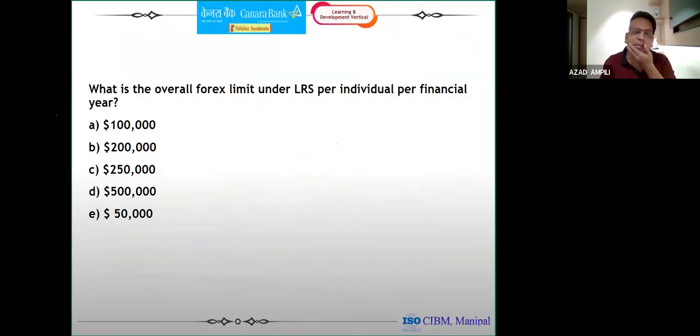Right. Now question is there. Please answer. What is the overall foreign currency limit under LRS per individual per financial year? What are you thinking? What is the answer? You may give the option itself. You are not able to type. You can just give the option.